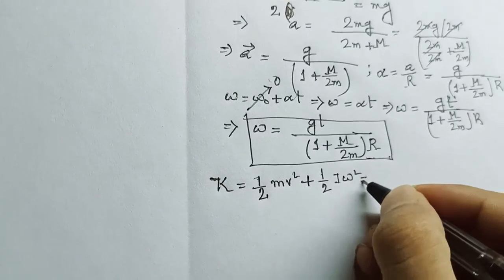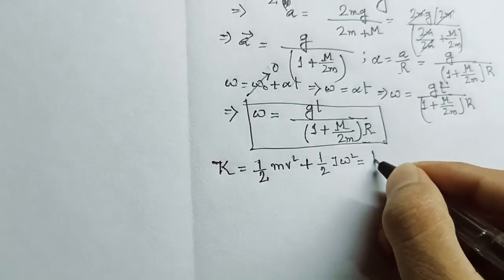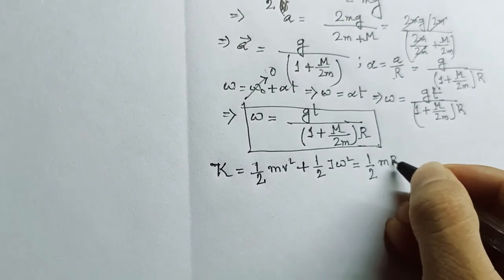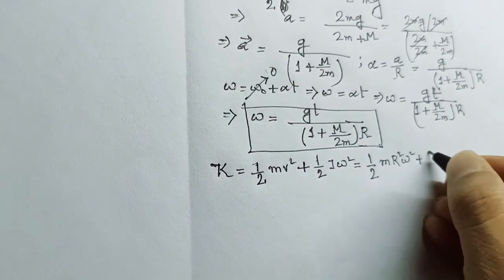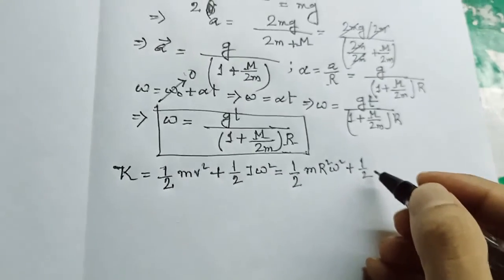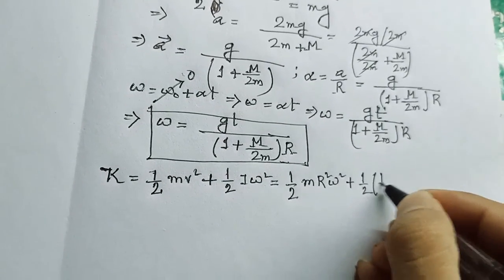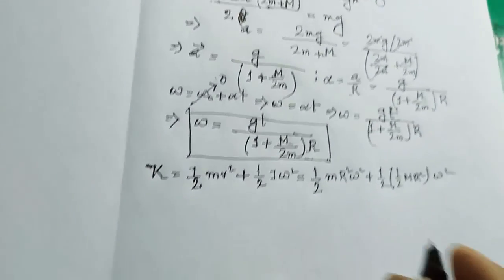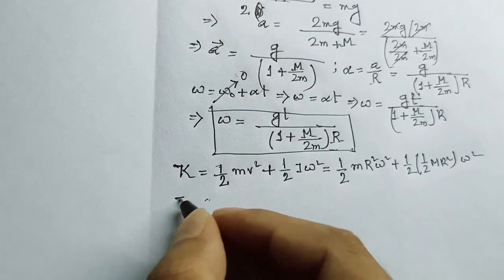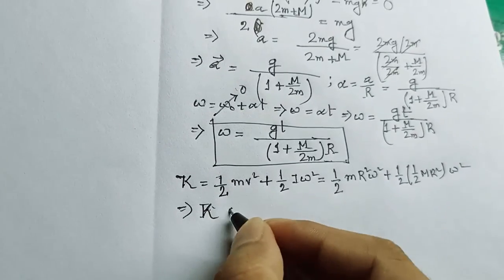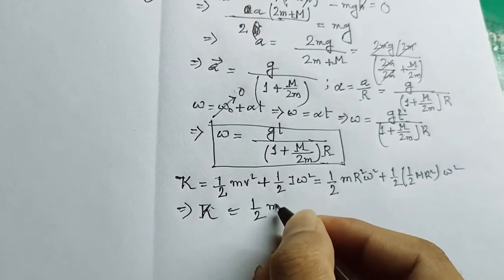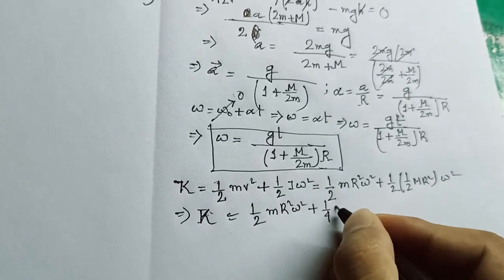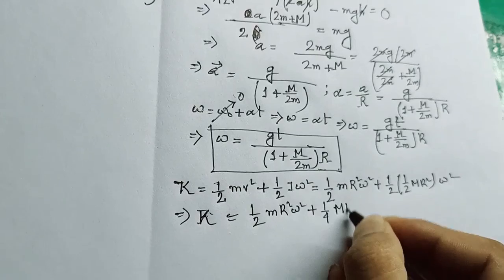Now as we know v equal to r omega, this is equal to half m r square omega square plus half into the moment of inertia for a cylinder, which is half M r square, multiplied by omega square. So the total kinetic energy of the system is K equal to half m r square omega square plus 1 by 4 capital M r square omega square.